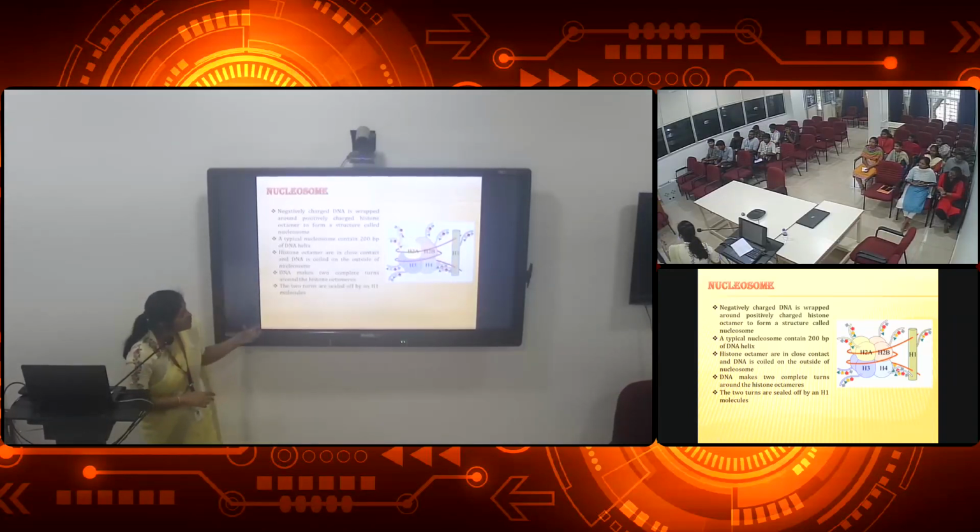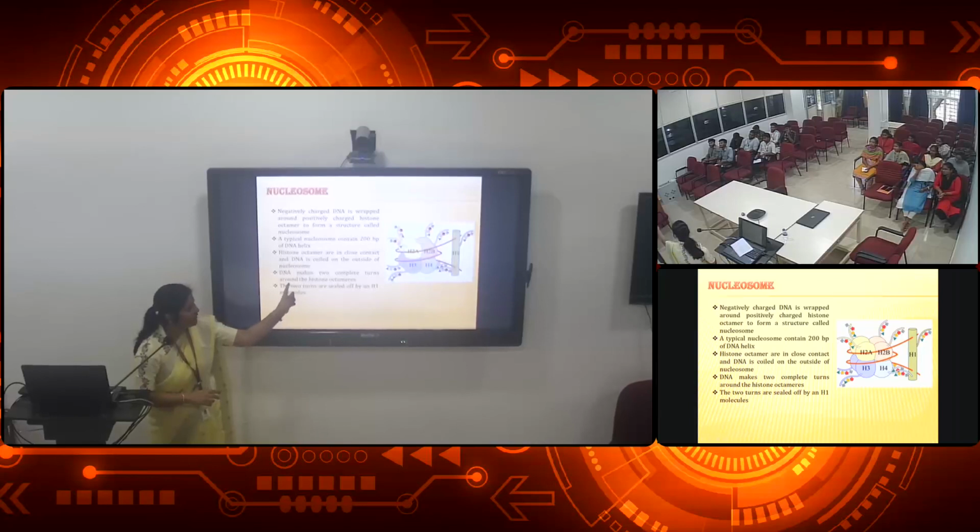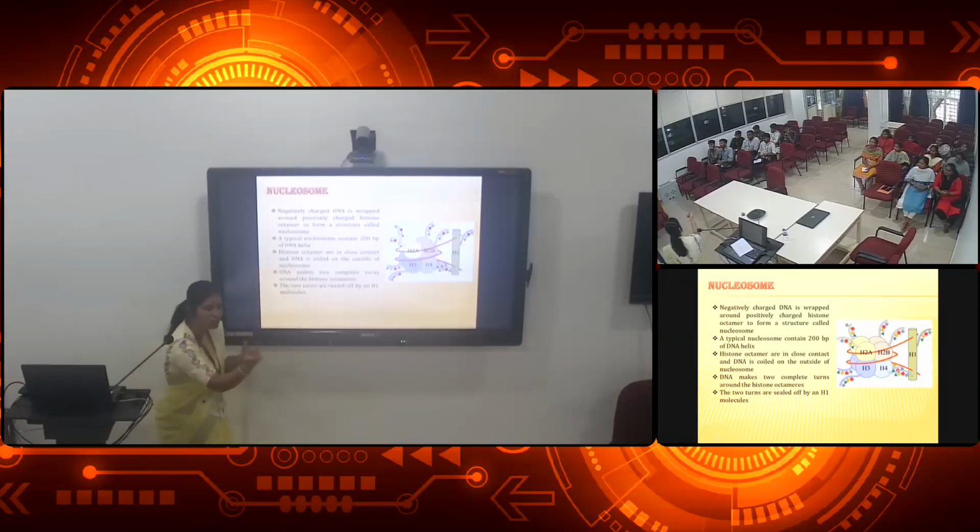Okay, the histone octamers are in close contact and DNA is coiled on the outside of the nucleosome. So outside the nucleosome, the DNA is tightly wrapped.